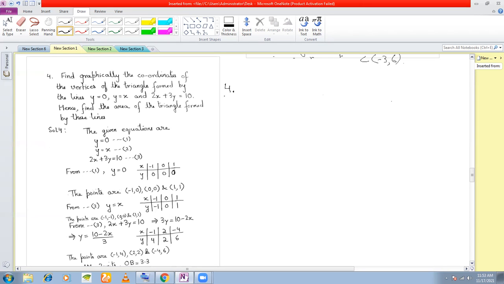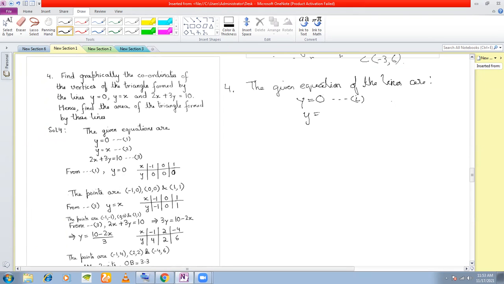So 3 straight lines are given to you. Let's write their equations first. First equation, let's say y is equal to 0.